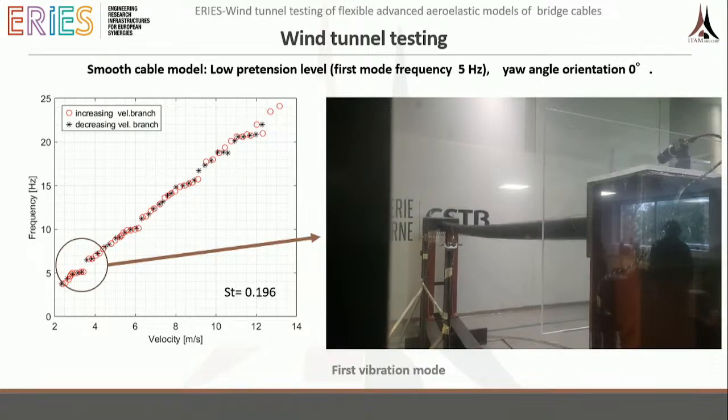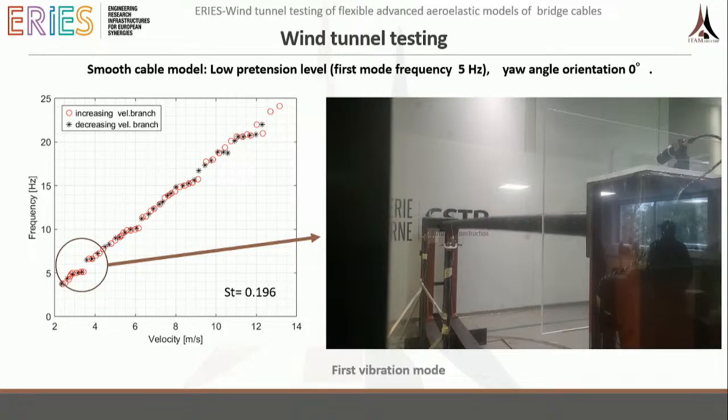Here we can see the development of the Strouhal number of the frequencies through the velocity range. We were going up with the velocity and down. You can see these bullets and also the asterisks, two ways of adjusting velocity.